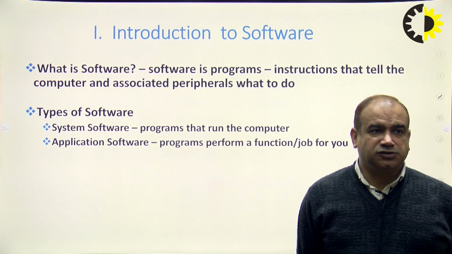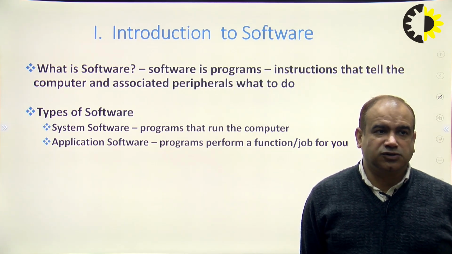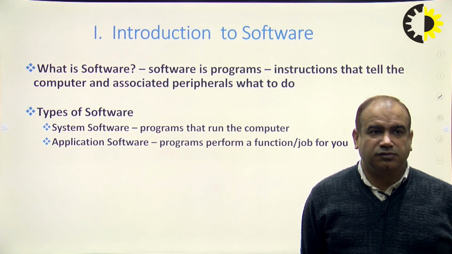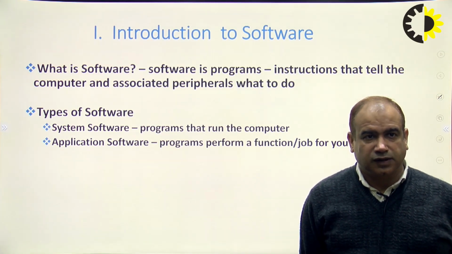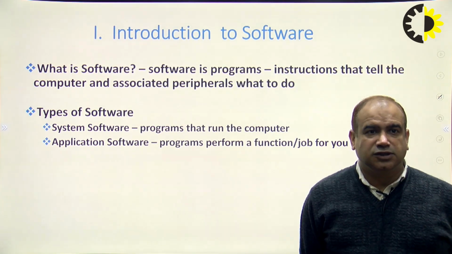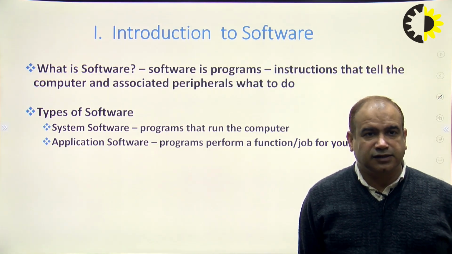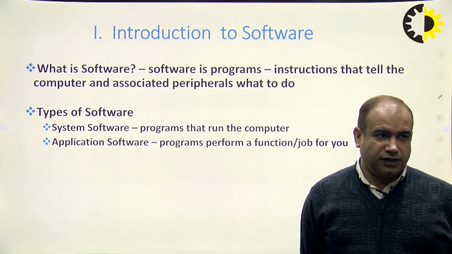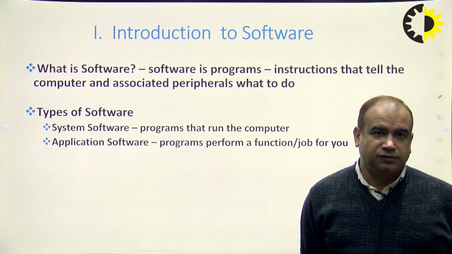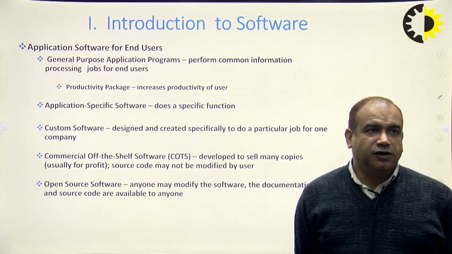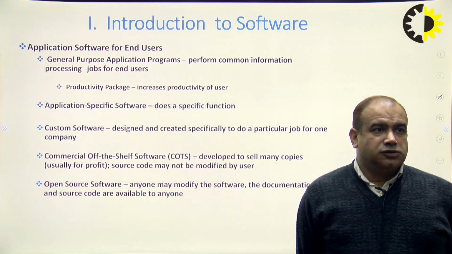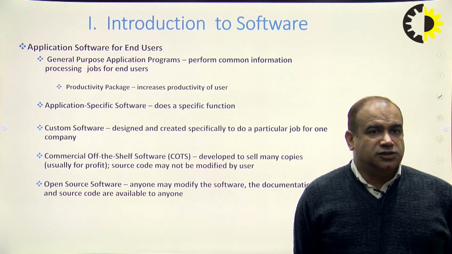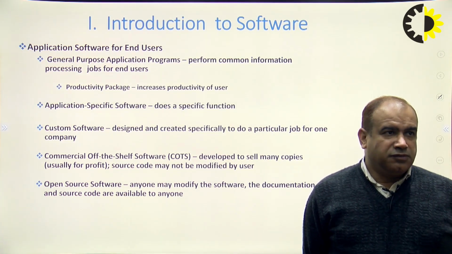Second is application software. Application software is a program that performs a function or job for us, like word processor, spreadsheet, Tally. All these are examples of application software. Next, if I talk about application software for end users, we can categorize it into different parts.